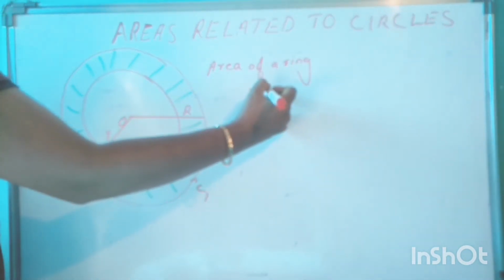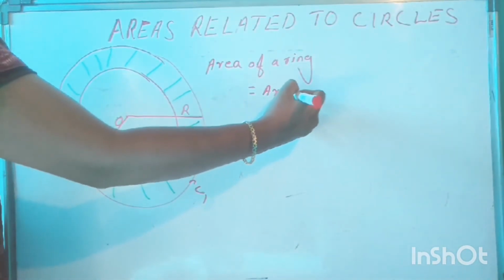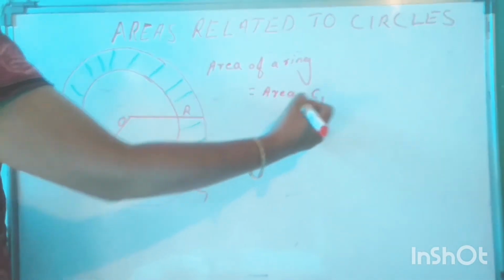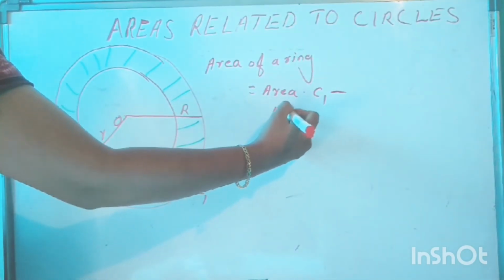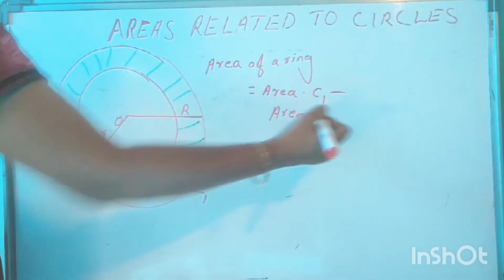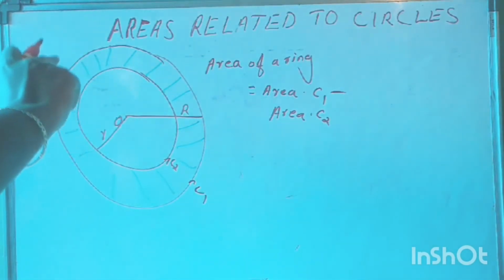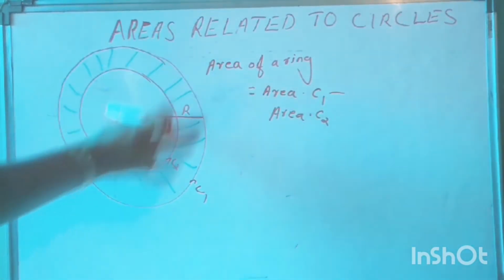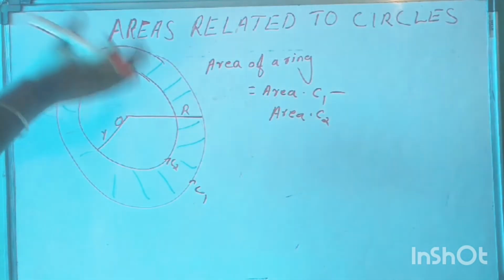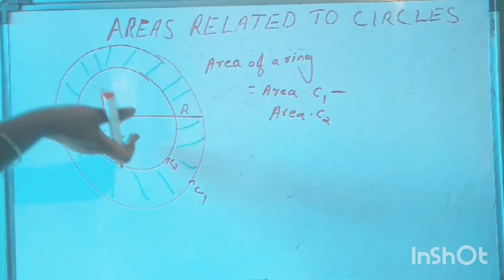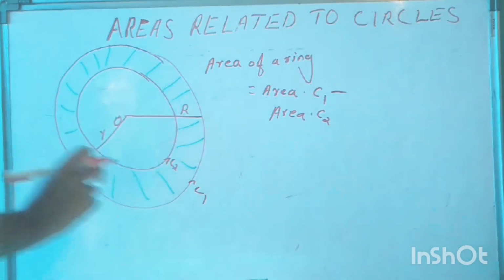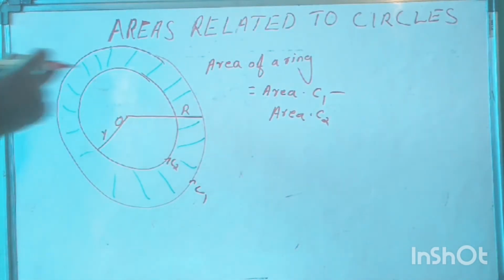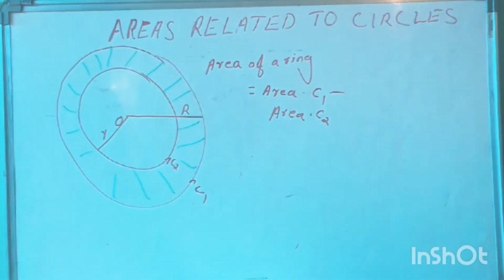That is area of C1 minus area of C2. If we find the area of C1, we cut this whole area, and we need to minus the area of the smaller circle from that full area. We will get the area of a ring.